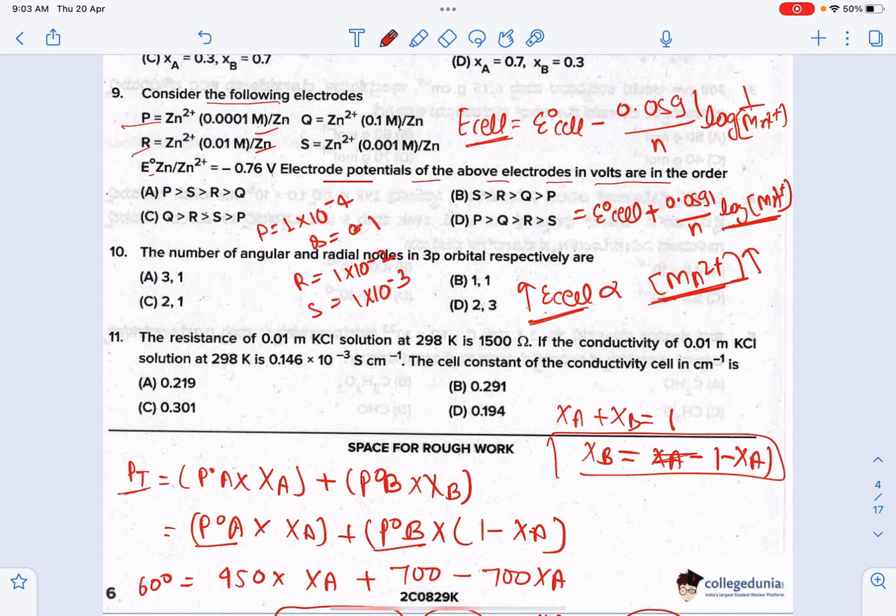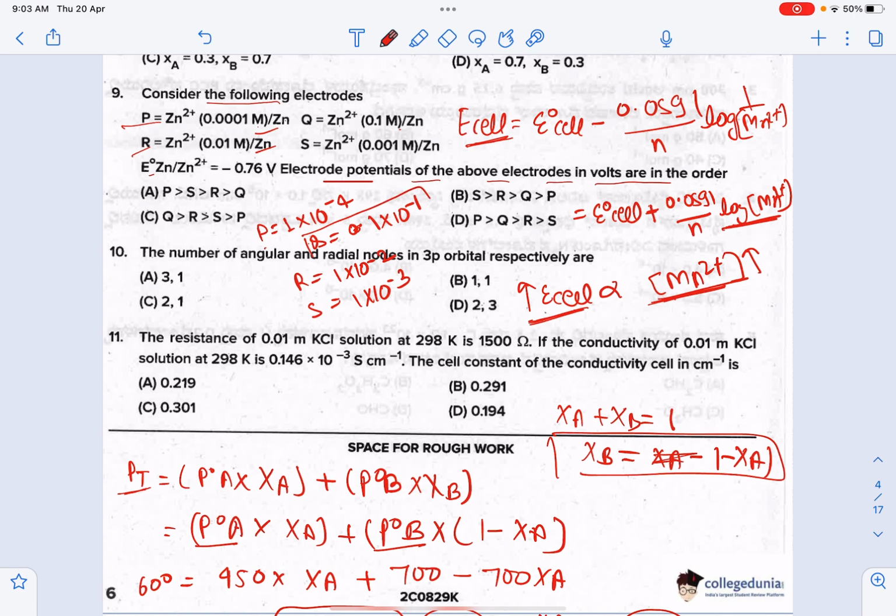Now you can see that among P, Q, R, S, those which have lower concentration will have the lower value of E cell, and those which have higher concentration will have the higher value of E cell.